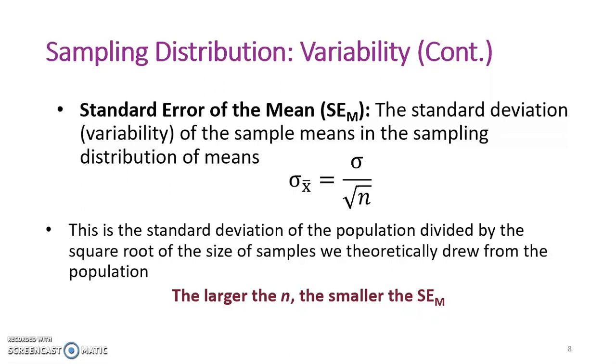The larger your N, the lower your standard deviation of the sampling distribution. For the sampling distribution of the means, this is the standard error of the mean. This makes sense given the central limit theorem.